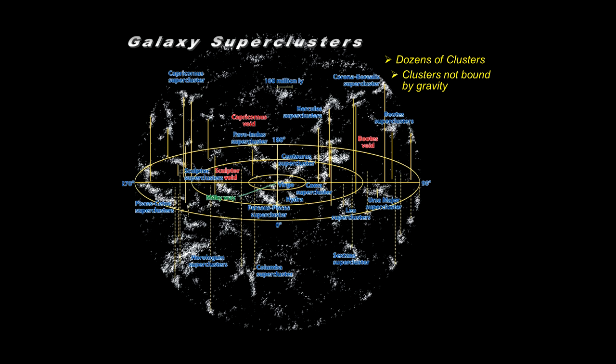Now the clusters themselves within a supercluster are not bound together. They tend to be drifting away from each other. Moreover, the superclusters, many of which are shown here that we know of, here's the Virgo supercluster and other close superclusters of clusters, those superclusters are likewise not gravitationally bound to each other. So the whole thing is drifting and changing and yes, interacting with each other.